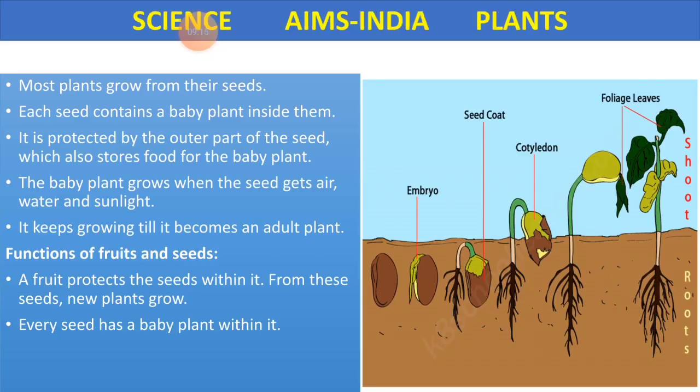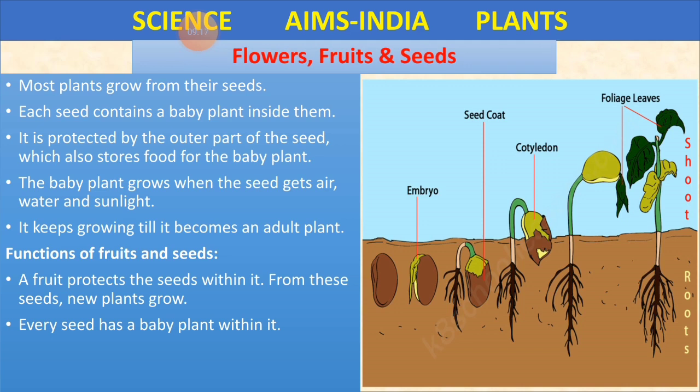Now we'll see how these seeds are going to grow, and this process is known as germination. Most plants grow from their seeds. If we sow a seed in the soil, then we will be able to get the plant.